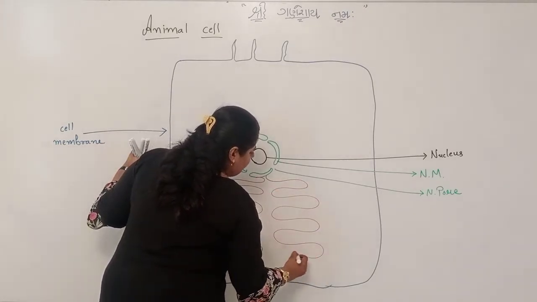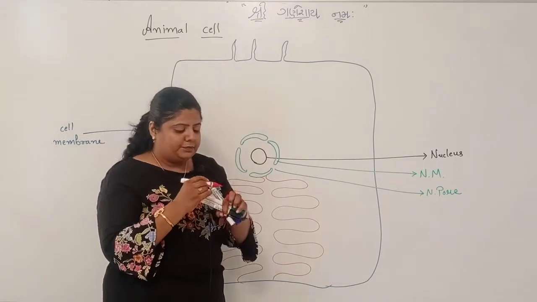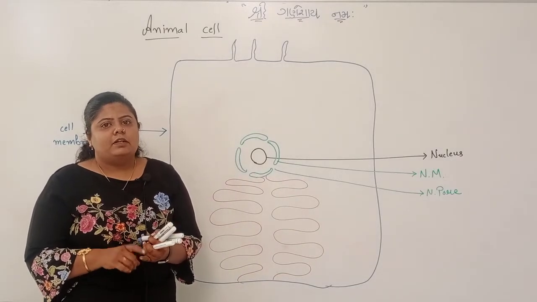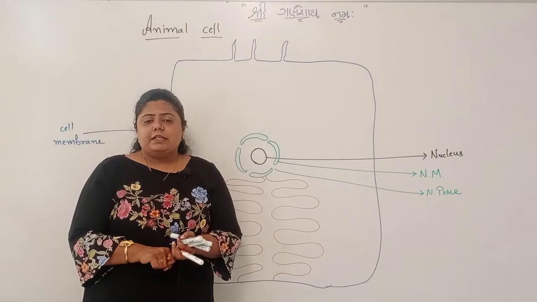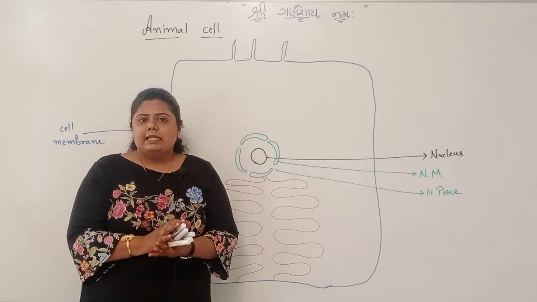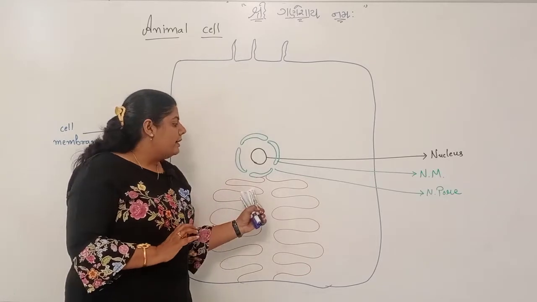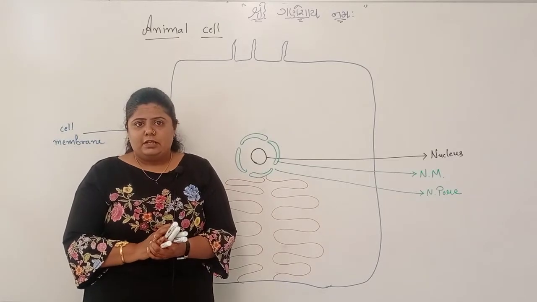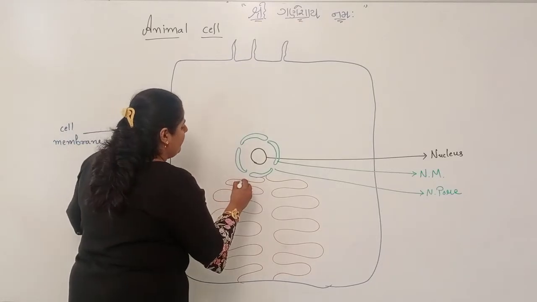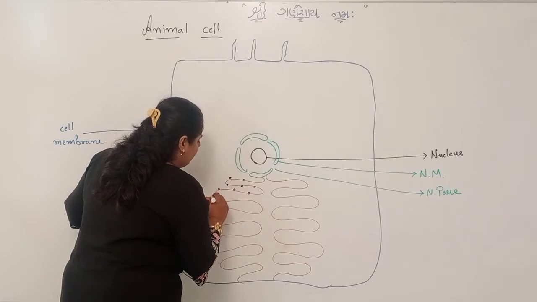Students, there are two types of ER, rough and smooth. First of all, what is the function of endoplasmic reticulum? Production of proteins and lipids. For protein production, ER requires ribosomes. Many ribosomes are present on the surface of ER that give it a rough appearance.